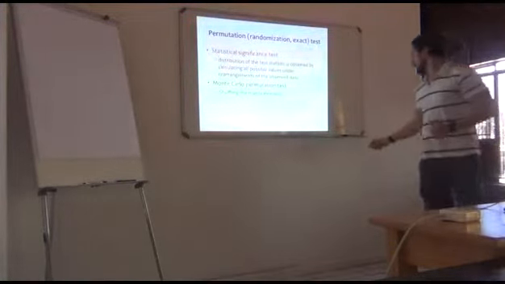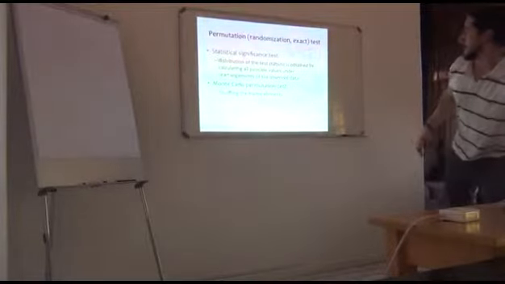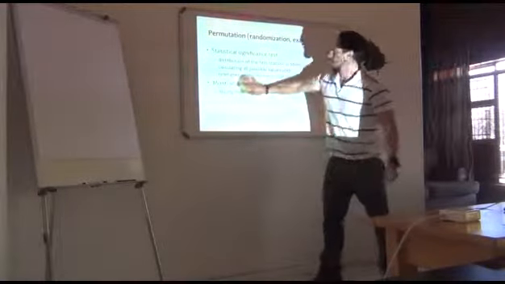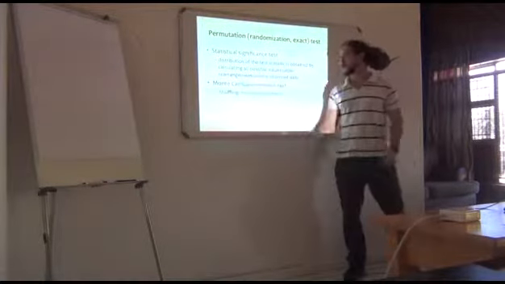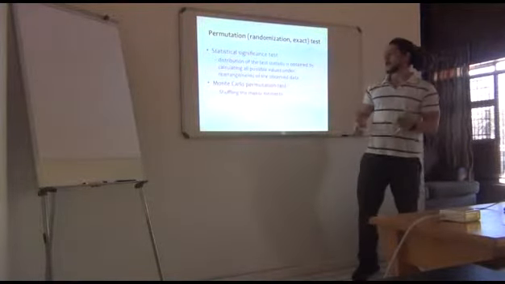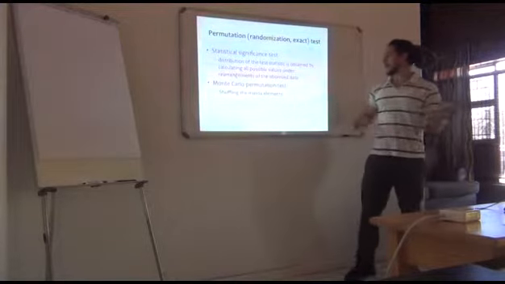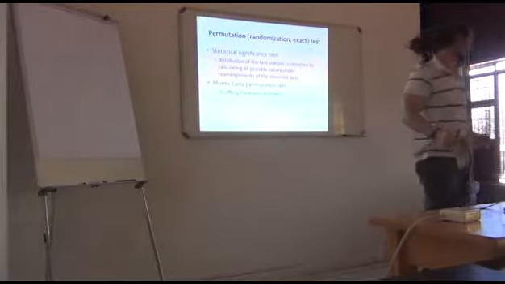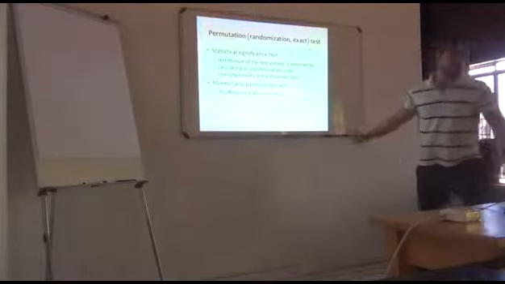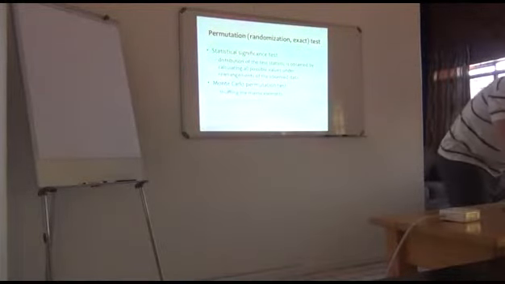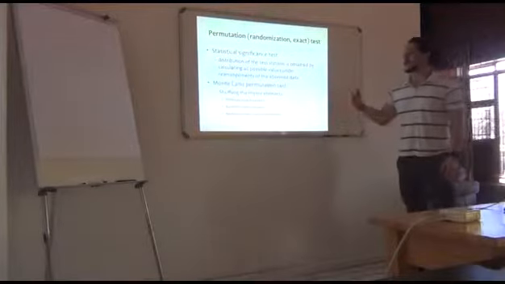And for this permutation, one way of doing it is the so-called Monte Carlo permutation test. So we're going to shuffle the matrix values, and there are different ways of doing it.